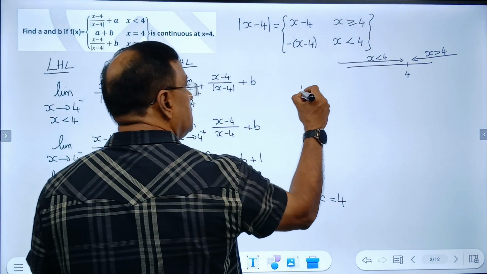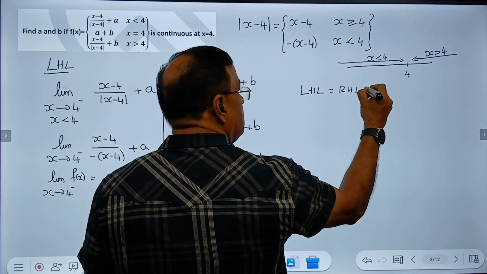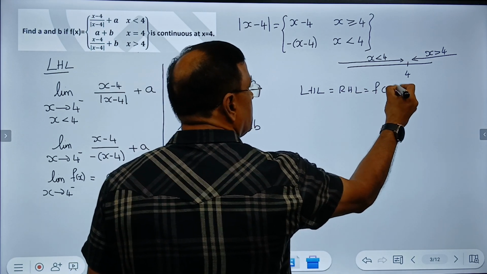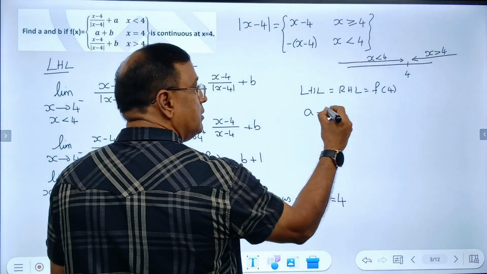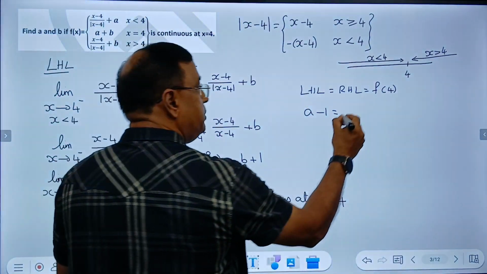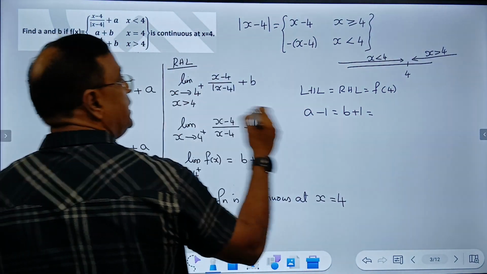My LHL, left hand limit, will be equal to right hand limit, will be equal to f of 4. Now what is LHL? LHL is a minus 1, already we have done. What is RHL? RHL is b plus 1. And what is f of 4? f of 4 is given as a plus b.